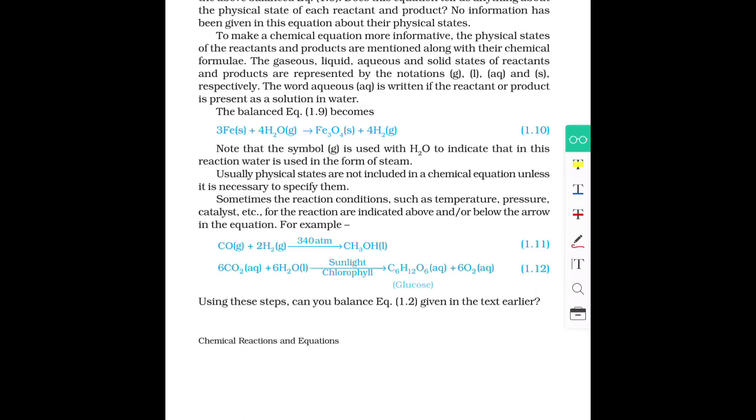Sometimes the reaction conditions such as temperature, pressure, catalyst, etc. for the reactants are indicated above and or below the arrow in the equation. For example, CO(g) plus 2H2(g) at 340 atm, that is atmospheric pressure, gives CH3OH(l), that is methanol.